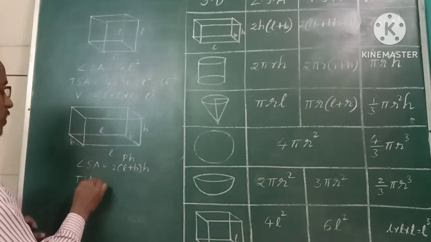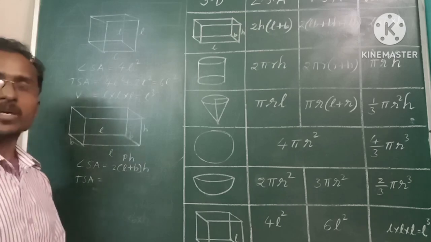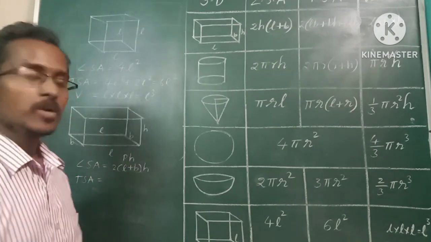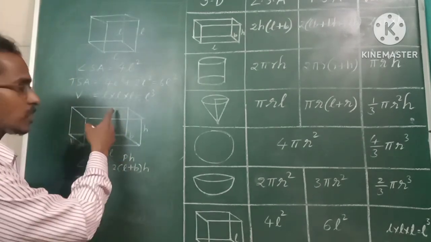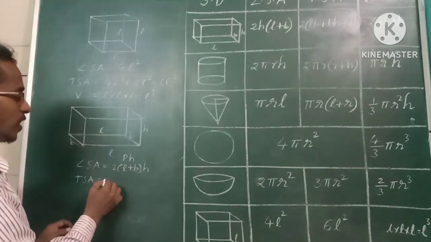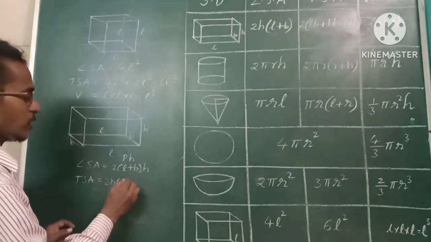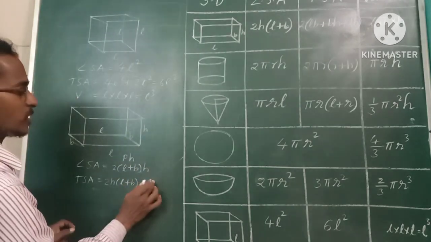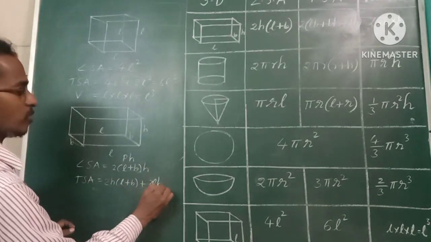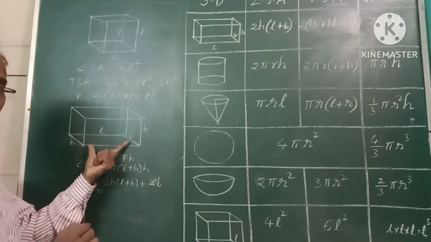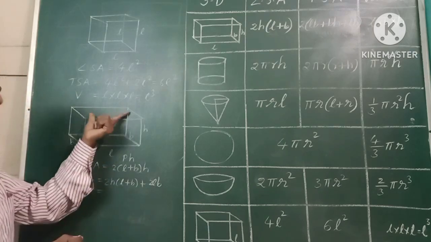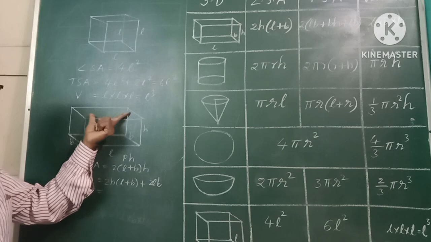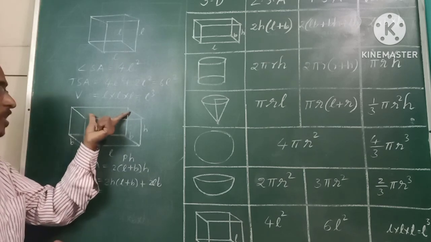Now, what is the TSA of a cuboid? LSA plus top area plus bottom area. LSA is 2H into (L plus B), plus base area: LB plus LB, which is 2LB. The bottom area is LB and the top area is LB, because they are in the shape of a rectangle, and the area of a rectangle is length into breadth.